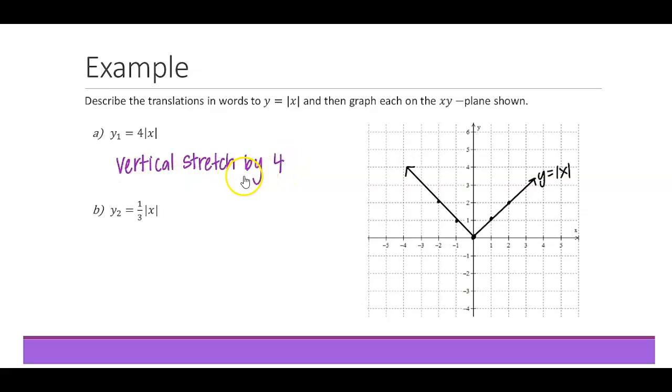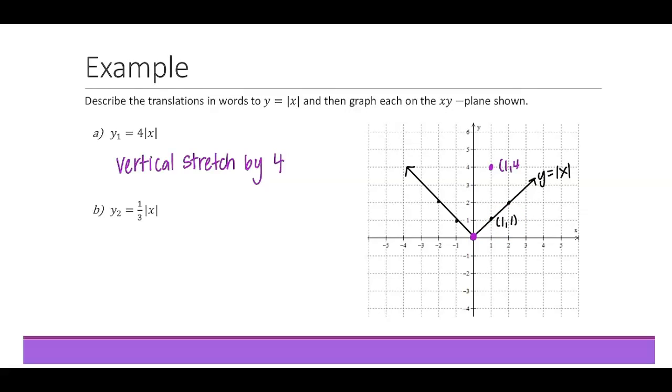If we're vertically stretching things, what's being affected are the y values. Well, (0, 0), if I multiply the y value 0 by 4, that stays the same. So we're going to have (0, 0) stay the same. But the coordinate point (1, 1), the y value is going to be multiplied by 4. So I had (1, 1), but now we're going to be up at the point (1, 4).